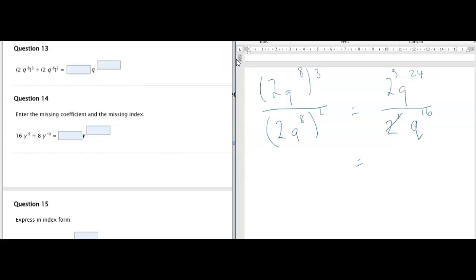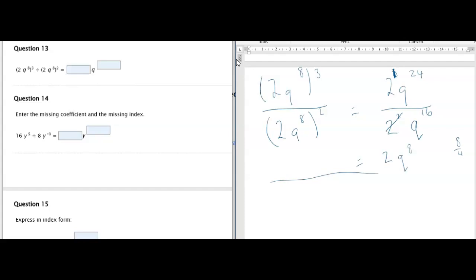So that becomes the power of 1, and we're just left with 2 on the numerator. And when you think about it, we were effectively doing 8 over 4, which is 2. And then our q, we've got q to the power of 24 minus 16, which is 8. Okay, so remember when you're dividing, your powers are subtracted.